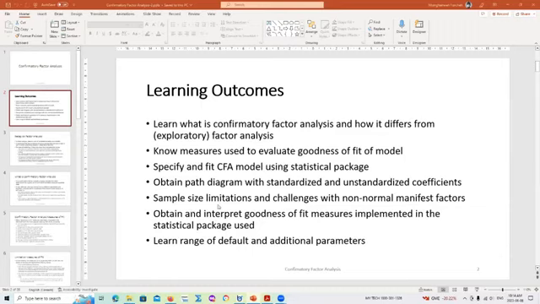As I said, the sample size limitations are really a challenge, and I've just touched on that. Normally, in most statistics, we talk about sample size, but it's almost obvious. But in structural equation modeling and in confirmatory factor analysis, the number of parameters is not just the path coefficients.